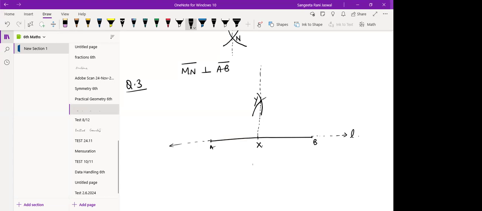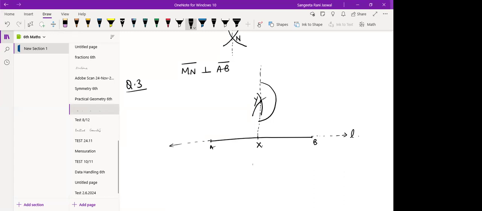Now, again, what will you do? We want to make another perpendicular on XY. This vertical line is XY, right? Now with your pointer at Y, make a small semicircle on this line with any compass measurement.